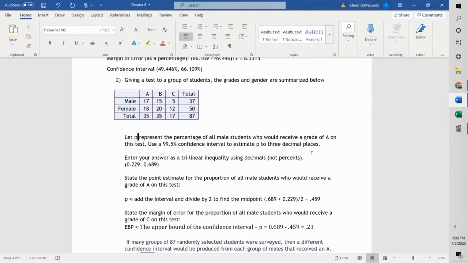Okay, so again, this one's asking for decimal. Trilinear. I wrote this one wrong. They want the less than P less than. So they want 3 parts rather than the interval.